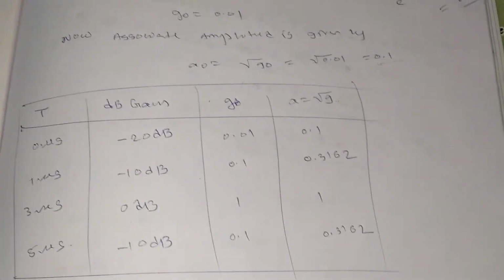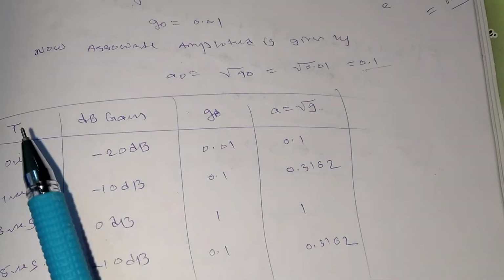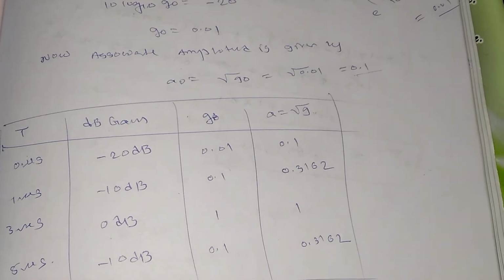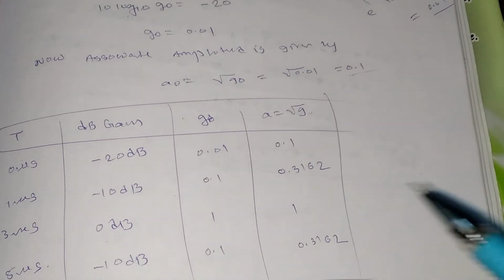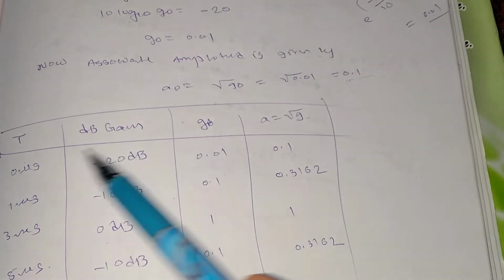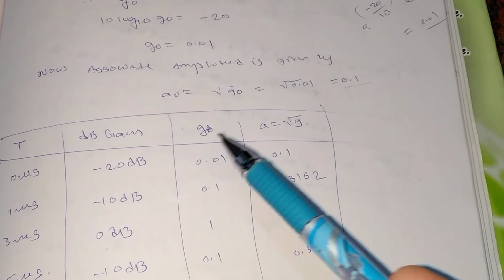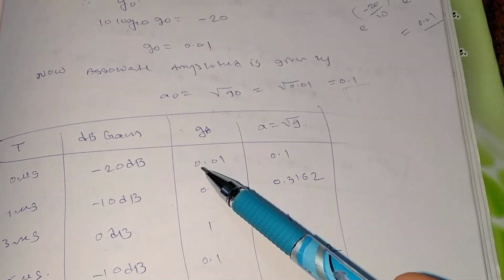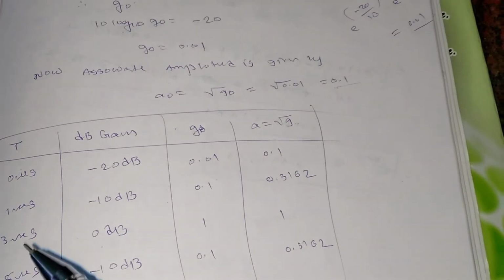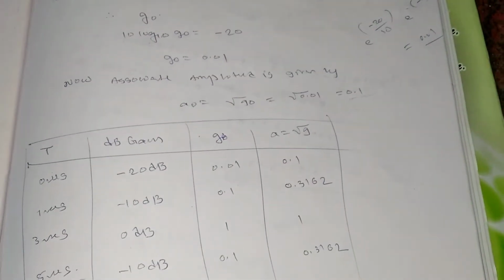So I'll just create a table so that it will be easy for me to do the things. Time, then the gain in dB, then the power related to these times, denoted as G, and the amplitude corresponding to this power, denoted as A. So 0 microsecond, 1 microsecond, 3 microsecond and 5 microsecond.